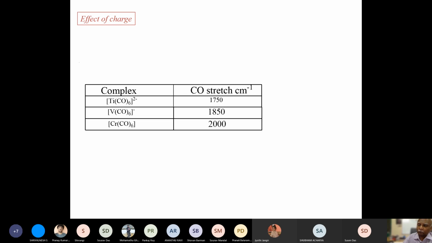And you see that the stretching frequency is decreasing in this order. So the more negative, the lower the stretching frequency. This has a lower stretching frequency because the pi star is populated with more electron density. Pi star electron density is more.